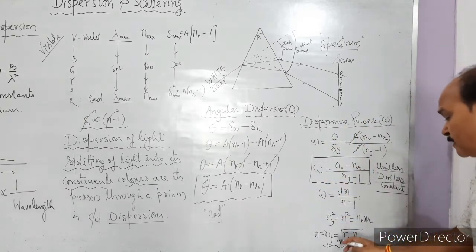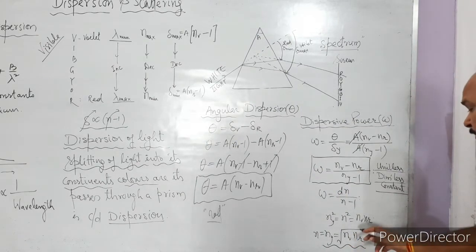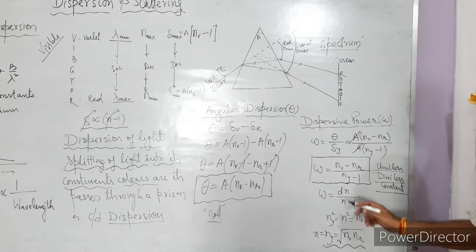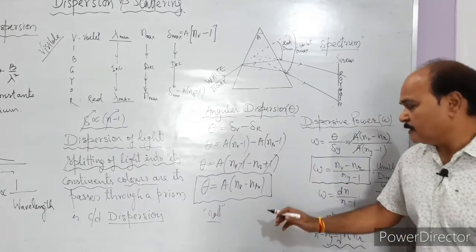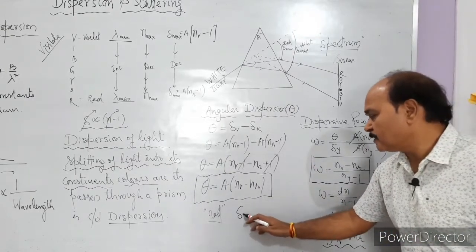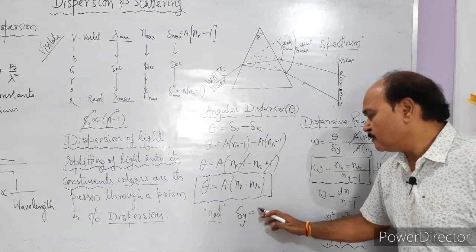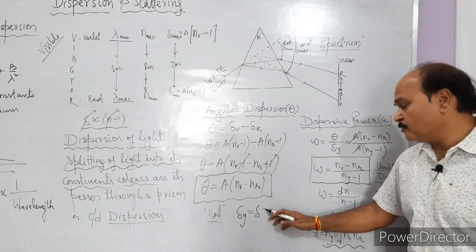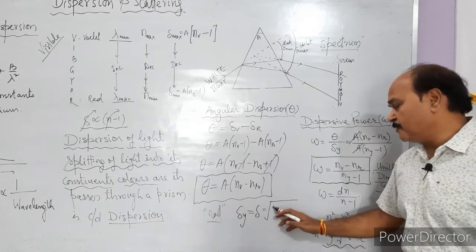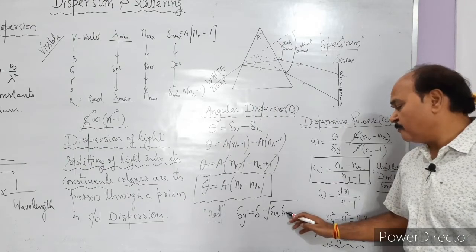That means NY is equal to the square root of NV NR, or it can also be written as NY squared is equal to NV into NR. Also children, the deviation of mean color, that is yellow color, is also a single value of deviation produced by the prism, and it is also the geometric mean of the deviation of red color and the deviation of violet color.